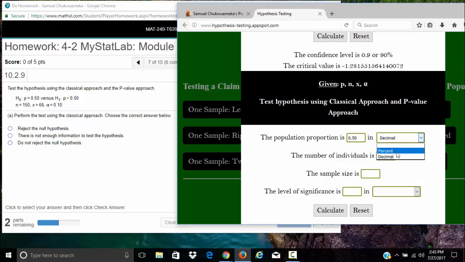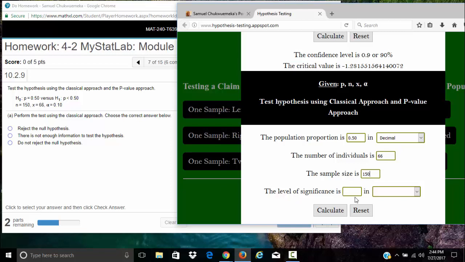and please make sure it is decimal. If you put percent, it will give you a wrong answer. This is in decimal because, like I said, proportion could be in decimal or in percent or in fraction. But in this case it's decimal. The number of individuals with the specified characteristic, that is x, is 66. Sample size is n, which is 150.